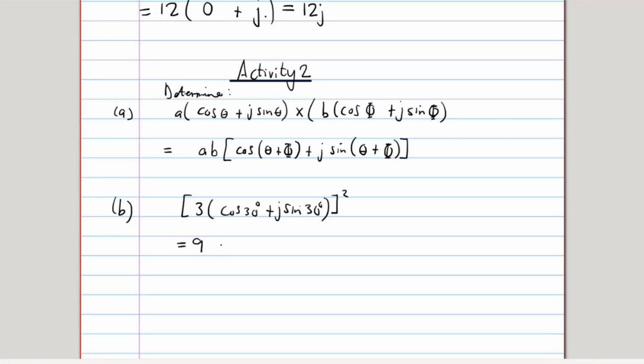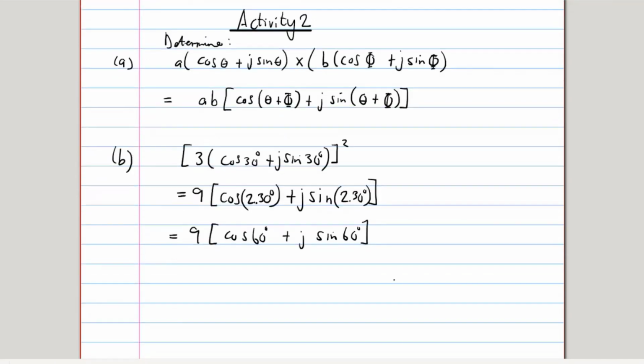And for raising it to an exponent, all you do is say cos of 2 times 30 plus J sine of 2 times 30. Then you have 9, and this is the cosine of 60 plus J sine of 60.